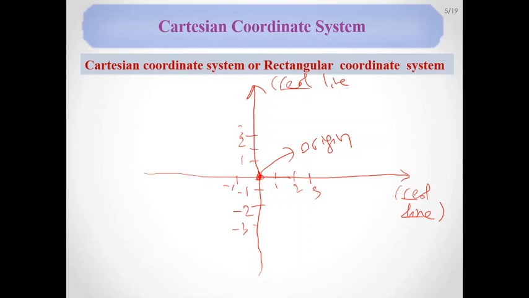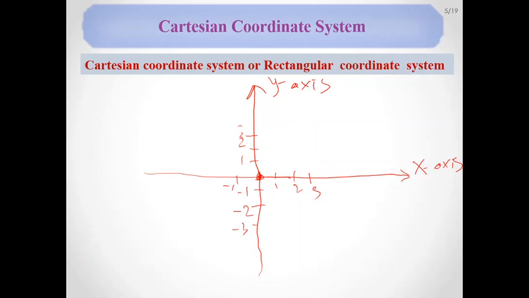Now, this horizontal real line we will call the x-axis, and the vertical real line is called the y-axis. By using this Cartesian coordinate system, we can specify any point with two numbers. For example, let's say this is 5 and this is 3 here.